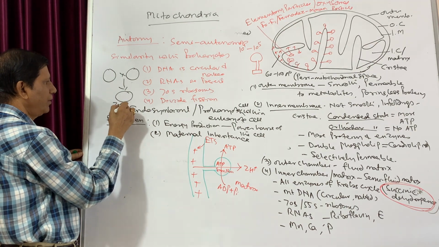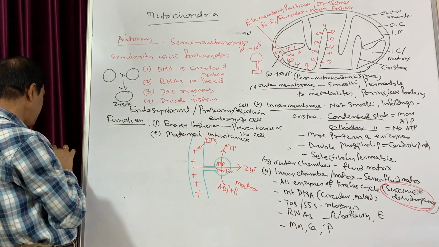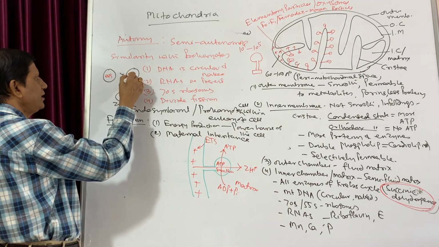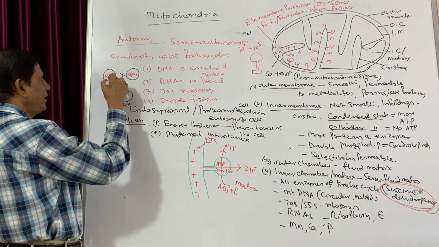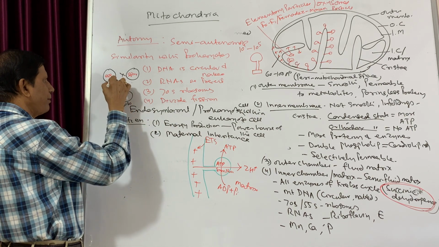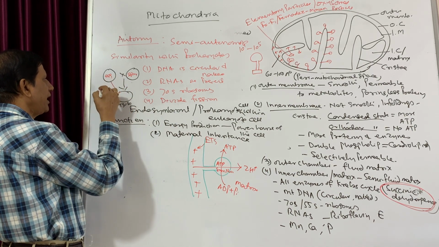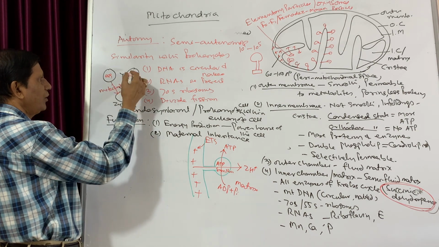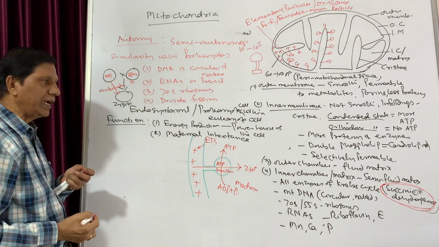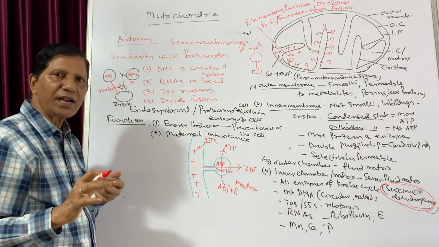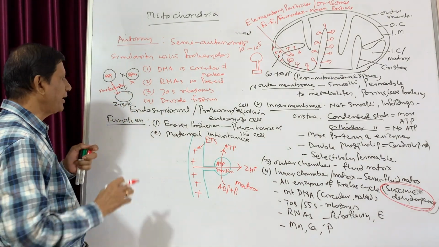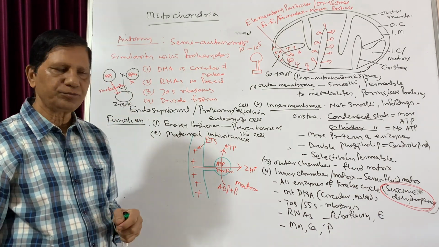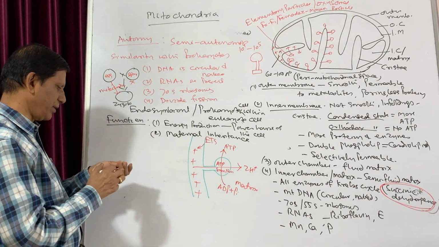That means in this case, this is the egg and this is the sperm, and to this zygote, the mitochondria comes from this egg only. The mitochondria comes from the egg, not from the sperm. This is known as maternal inheritance of the mitochondria. That means always the mitochondria comes from the mother, not from the father. So that is one important function.